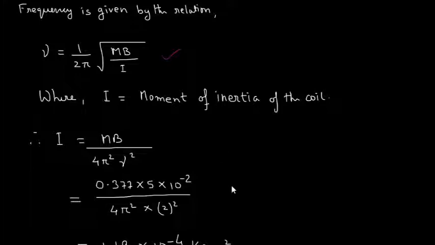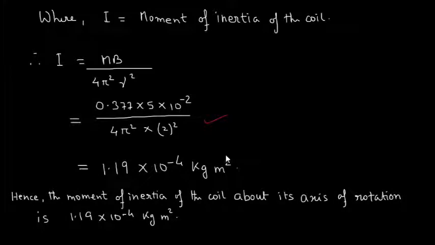Putting the value of mb, pi and nu, we get 0.377 multiplied by 5 into 10 to the minus 2 upon 4 pi square multiplied by 2 square. Upon solving we get 1.19 multiplied by 10 to the power minus 4 kilogram meter square. Hence, the moment of inertia of the coil about its axis of rotation is 1.19 multiplied by 10 to the minus 4 kilogram meter square. Now let us see the next problem.